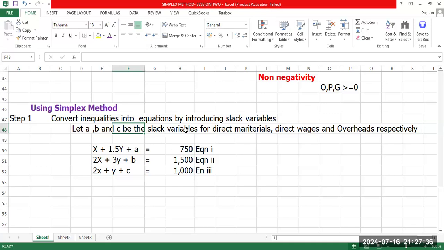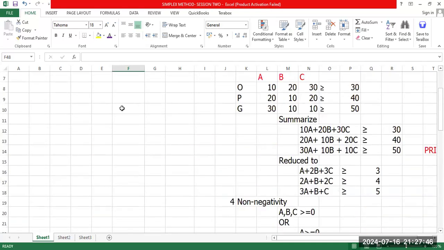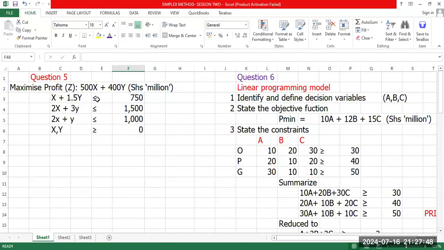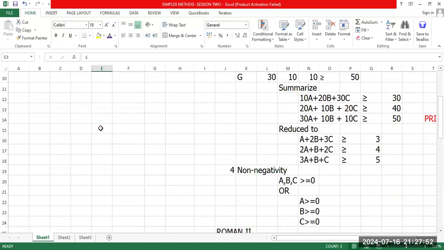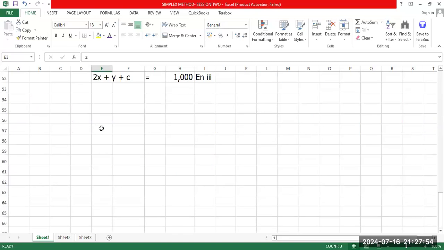We introduced slack variables. Because we know that when you're using simplex method, you cannot remove inequality without introducing slack variables.